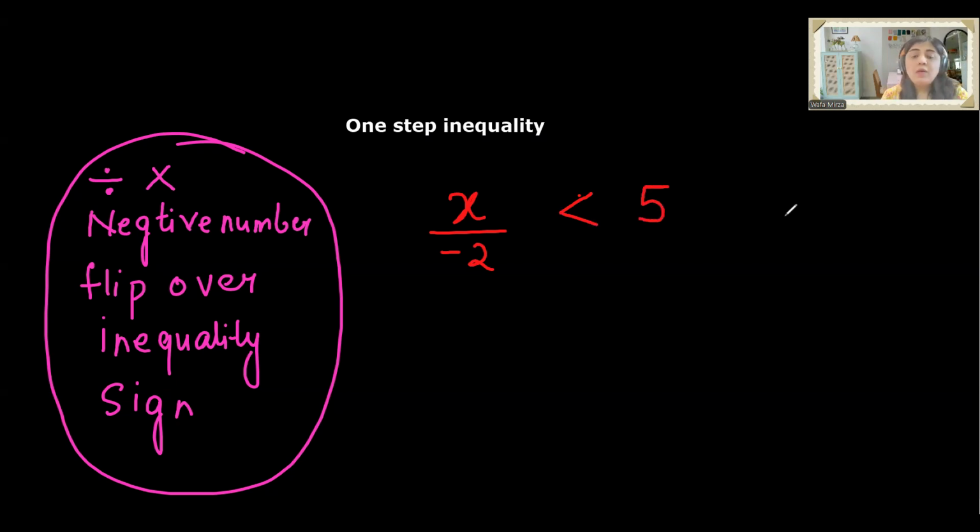Now, I will write this inequality one more time. If I want to solve this inequality, I want to get rid of this minus 2. Minus 2 is in division, x divided by minus 2. The inverse of division is multiplication. So on both sides I will multiply by minus 2.